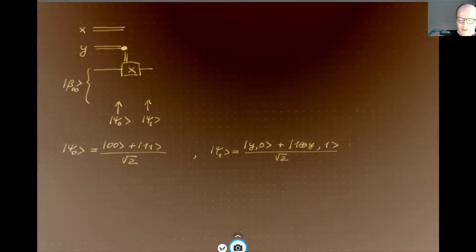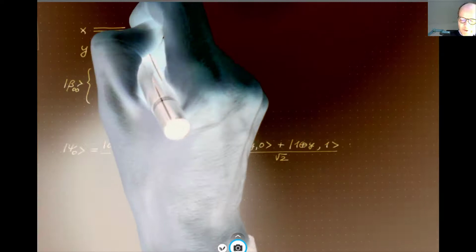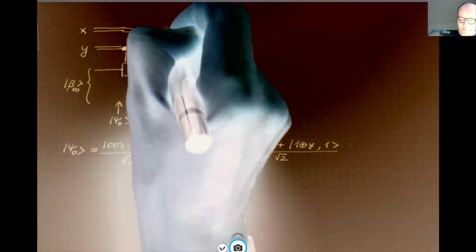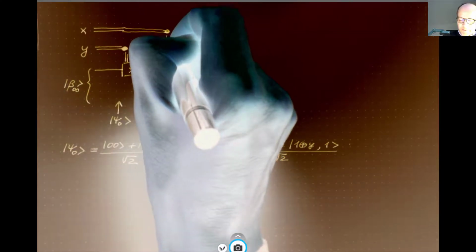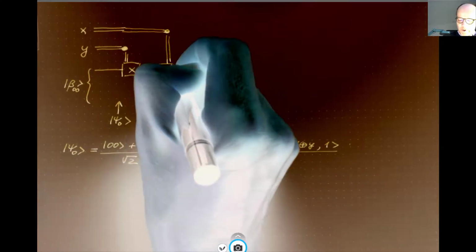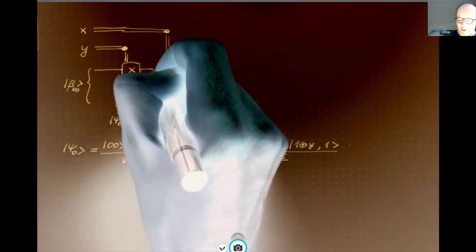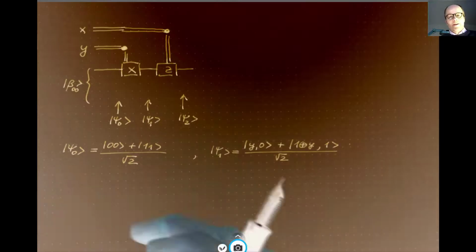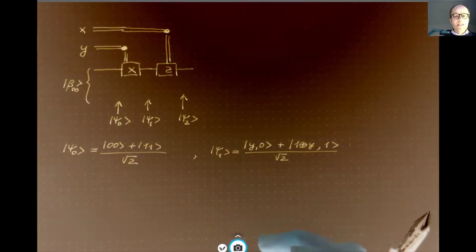Next, Alice uses the first bit, x, to control a Pauli Z operation. What does the Pauli Z do? When you apply Pauli Z to a basis state, if you apply it to the basis state 0, then nothing happens. If you apply it to basis state 1, then you get a factor -1.